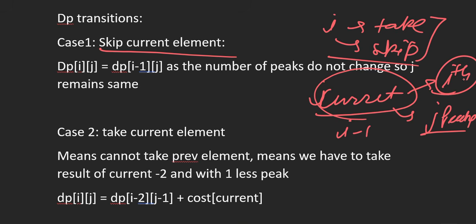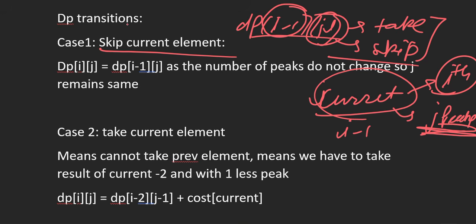We are not making the ith element a peak. So to get j peaks from i minus 1 elements, isn't that dp of i minus 1 j? Yes, that is using i minus 1 elements to get j peaks. So in case of skip, dp of i j is equal to dp of i minus 1 j.